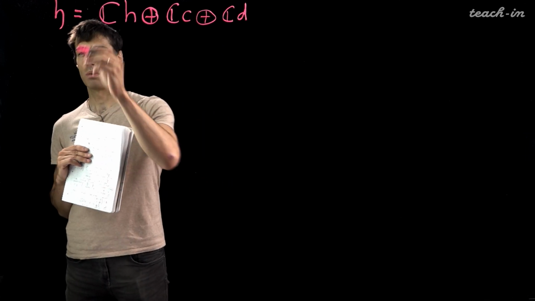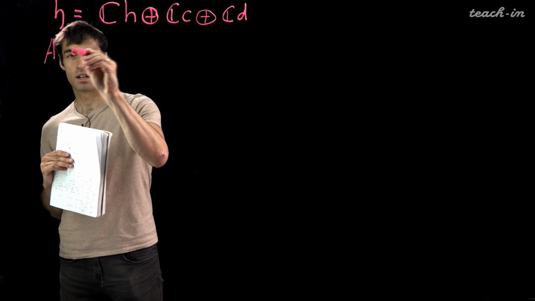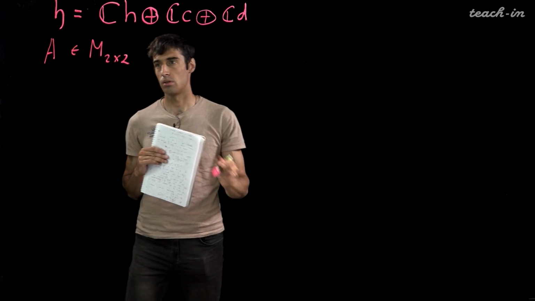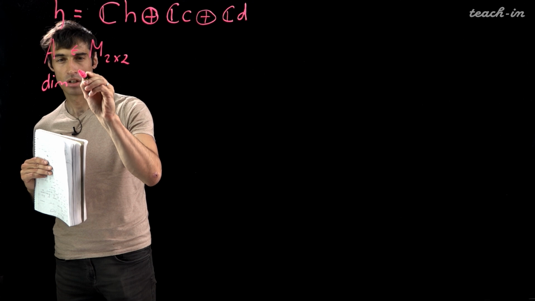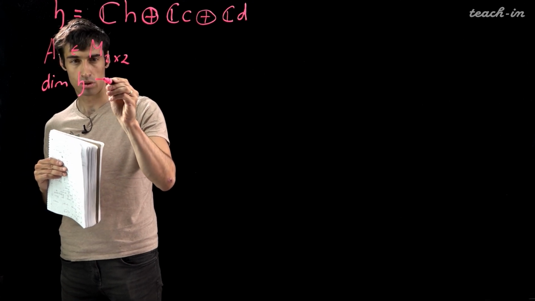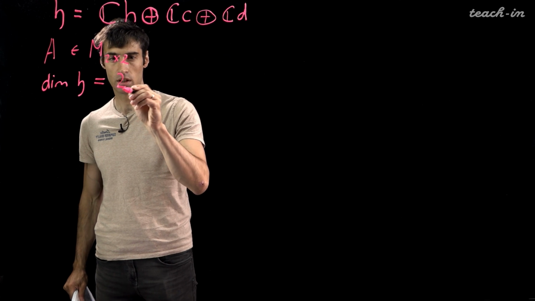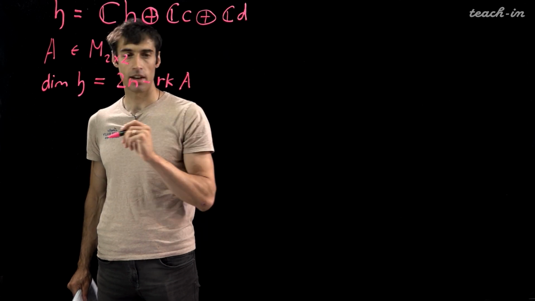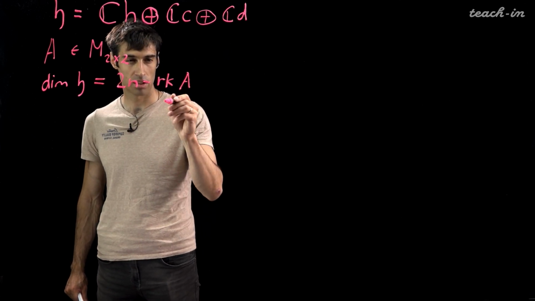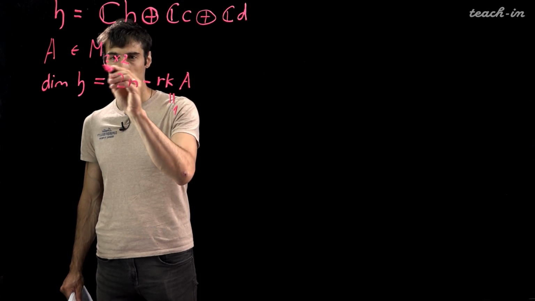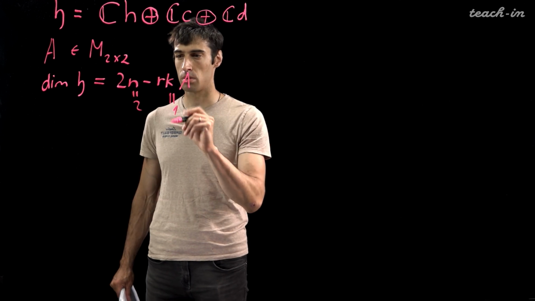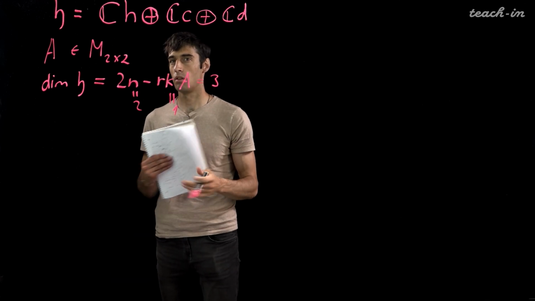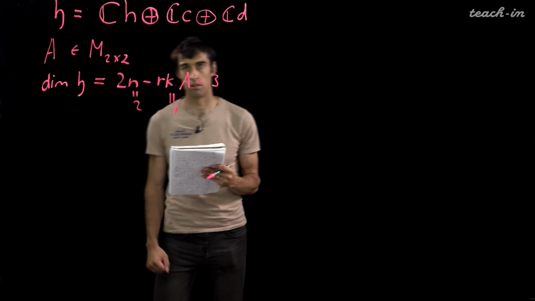So if you remember, my A is a 2 by 2 matrix, right? Therefore the dimension of H should be, remember we had the formula 2n minus rank of A. The rank of A, it's degenerate, is 1 in this case. n is the size of the matrix, so this is 2. So it's 2 times 2 minus 1, so 4 minus 1 is 3. So I need to give you a three-dimensional vector space. That's what I'm giving you.